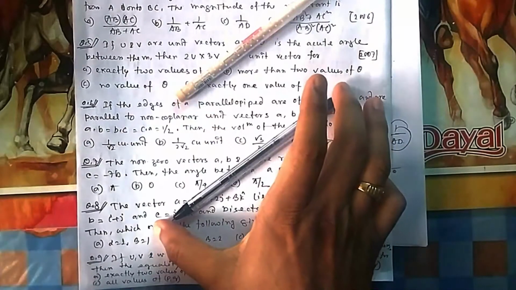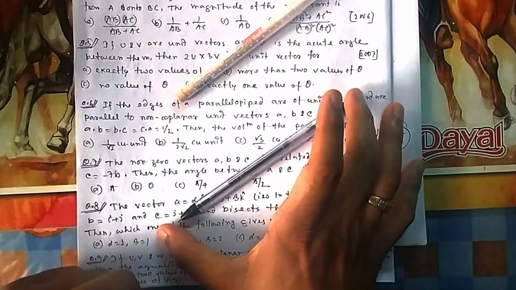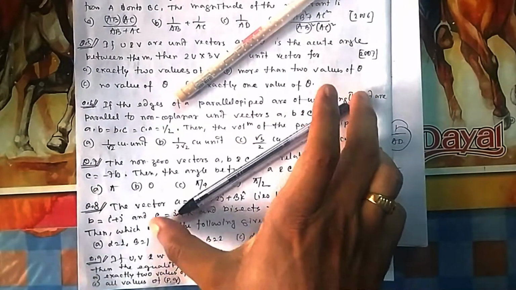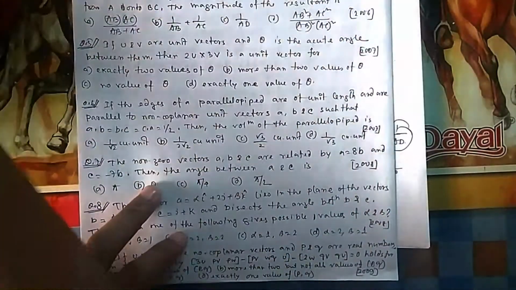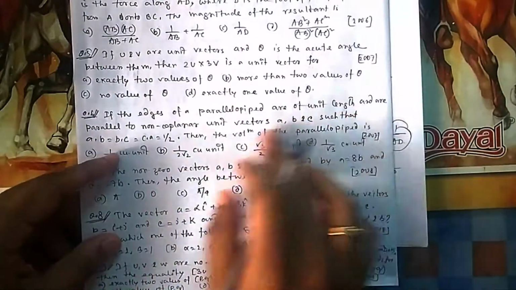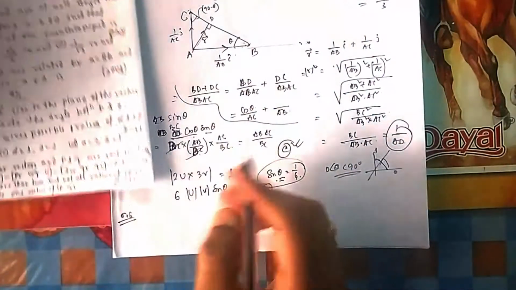Directions are also the same. So your A, B, C, all three become coterminous edges of the parallelopiped, which are adjacent edges. So the volume of the parallelopiped, you know what it is?